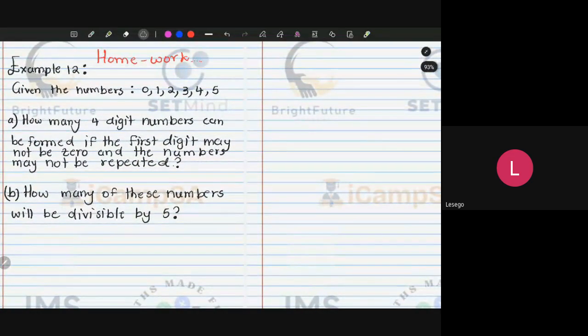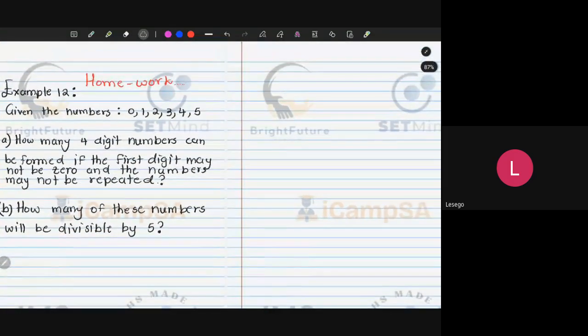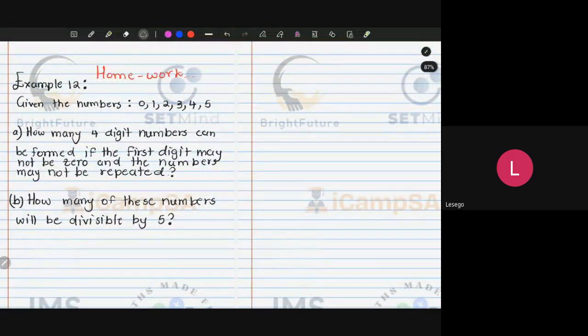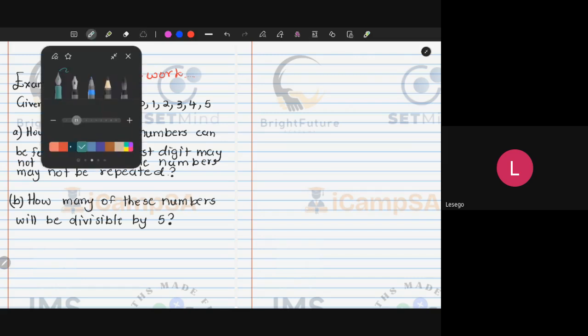Those who attended the lesson were here. I gave you this problem, example 12. The example reads, given the numbers 0, 1, 2, 3, 4, and 5, how many 4-digit numbers can be formed if the first digit may not be 0 and the number may not be repeated? Okay, let's give A a shot.